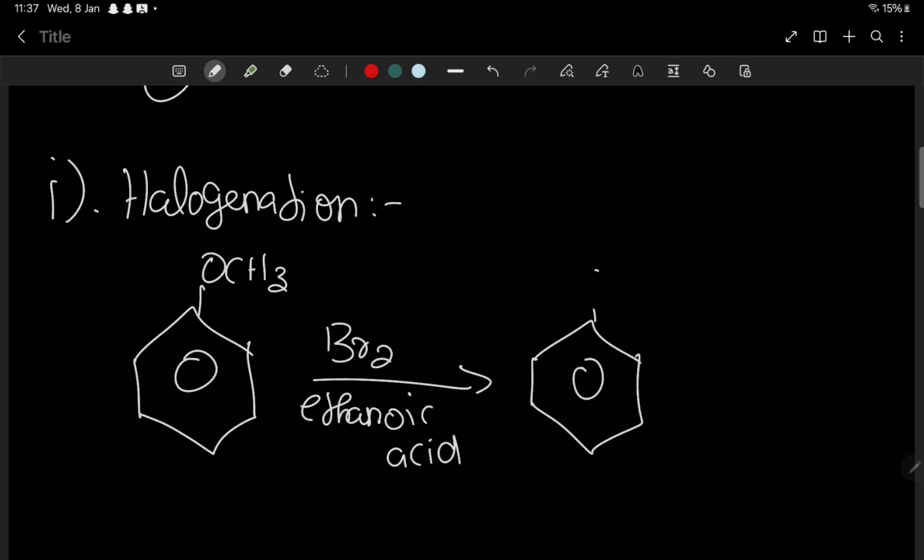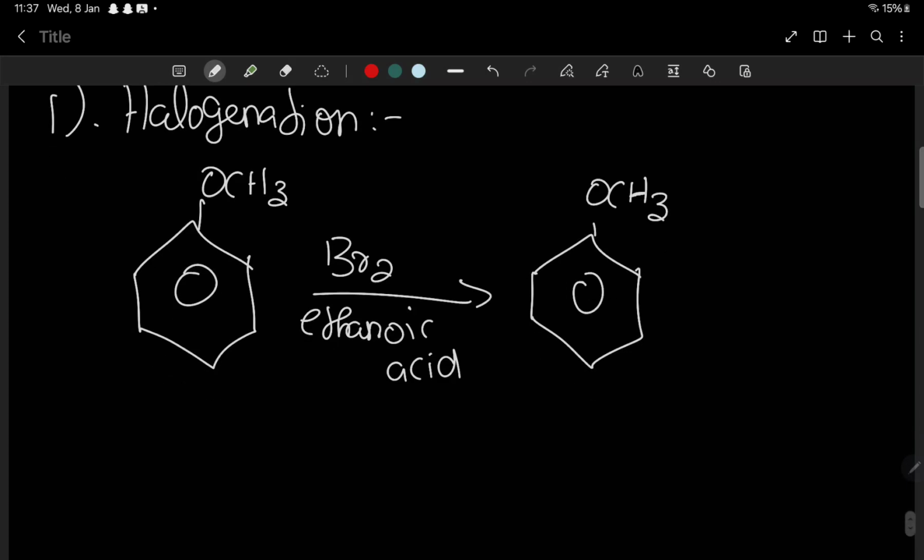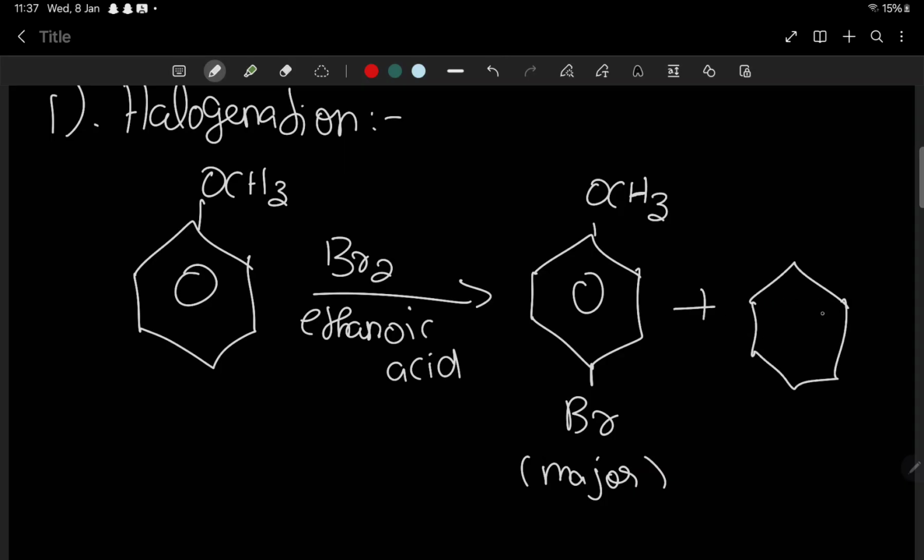This is anisole, so we are using anisole here, but any aromatic ether can be used. We get this as the major product, that is para as major, and ortho will always be minor. I will draw the ortho here. So this is halogenation of ether.